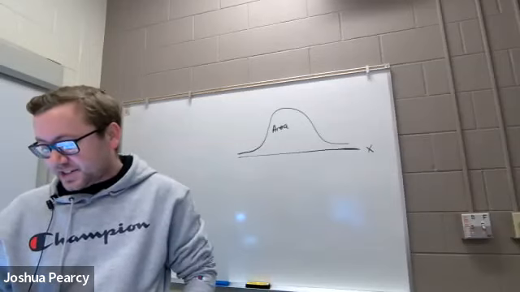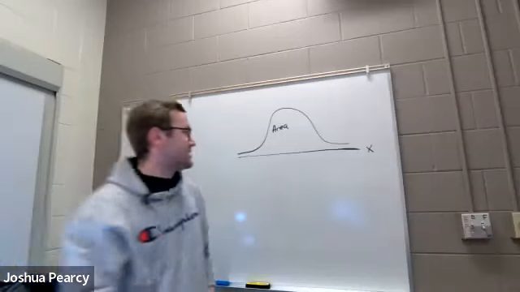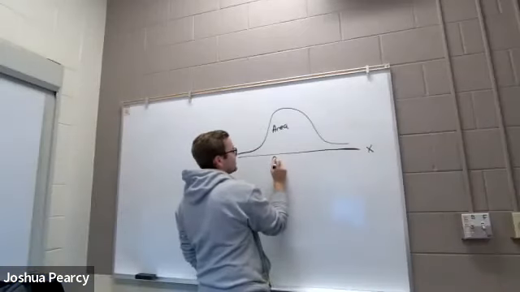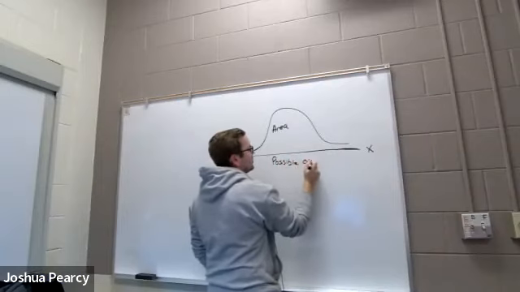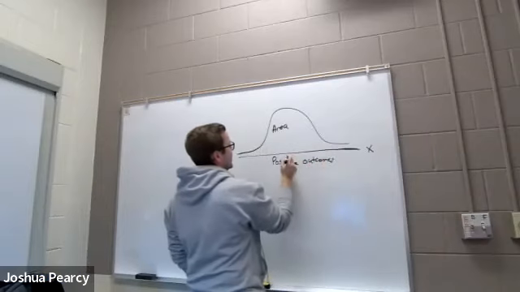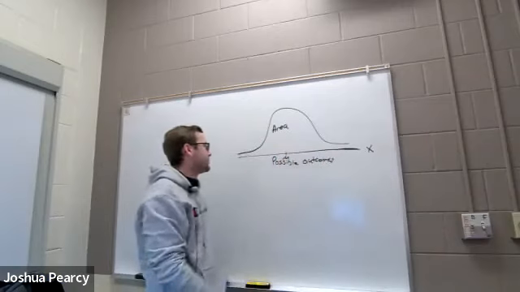Next, there's a graph, and all it basically says is: here is the x-axis, so these are the possible outcomes you could have for your random variable. Here is what we'll denote as the mean, the center of it.